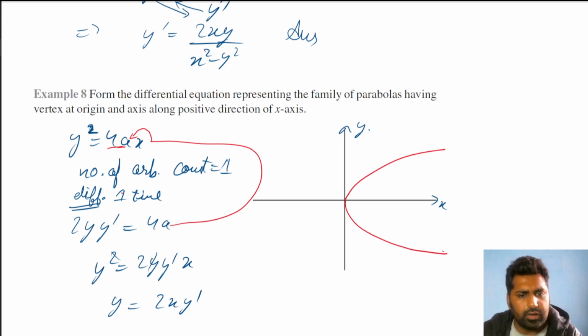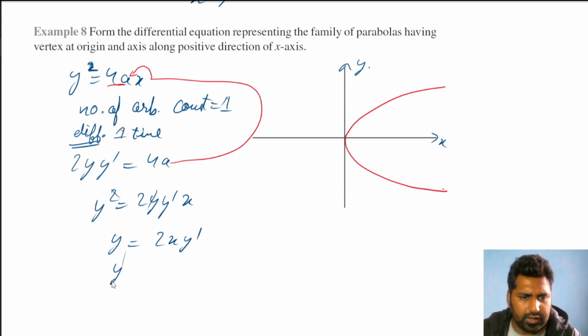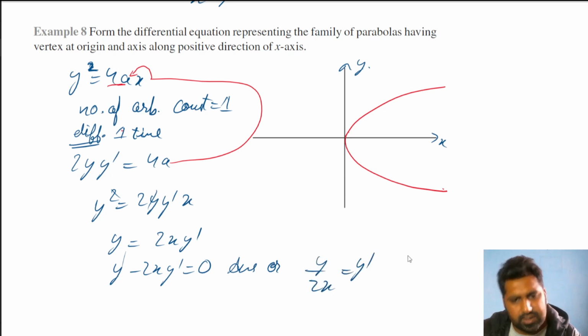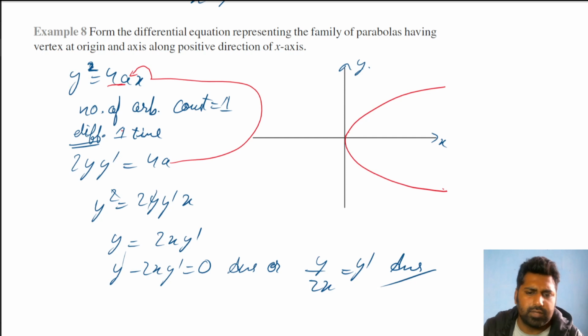Again, it depends on how the options are given. So y minus 2x y dash equal to 0. This can be the representation, or y by 2x equal to y dash.